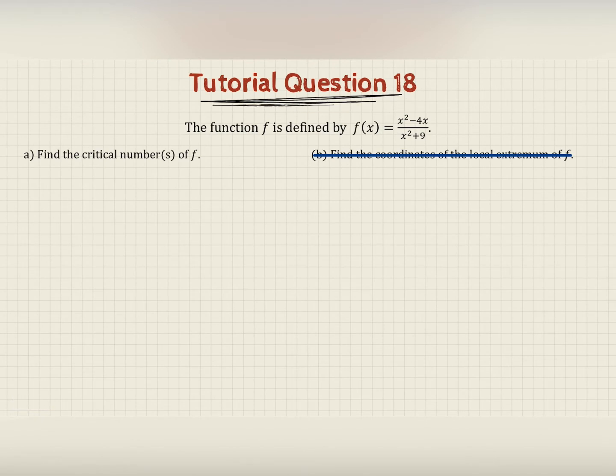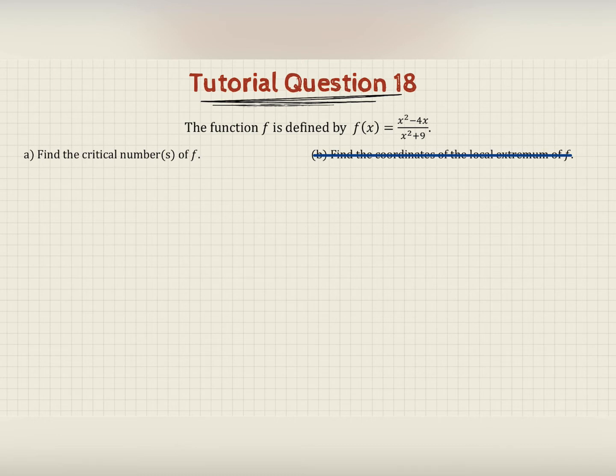Tutorial question 18. Okay, untuk slide ini saya hanya akan tunjuk how to find the critical number. Okay, untuk dapatkan jawapan B nanti will be on the next slide lah. Okay, so this is our function, a reciprocal function, x square minus 4x over x square plus 9. So perkara pertama yang kita akan buat adalah find the first derivative. Okay, so ini adalah divide.